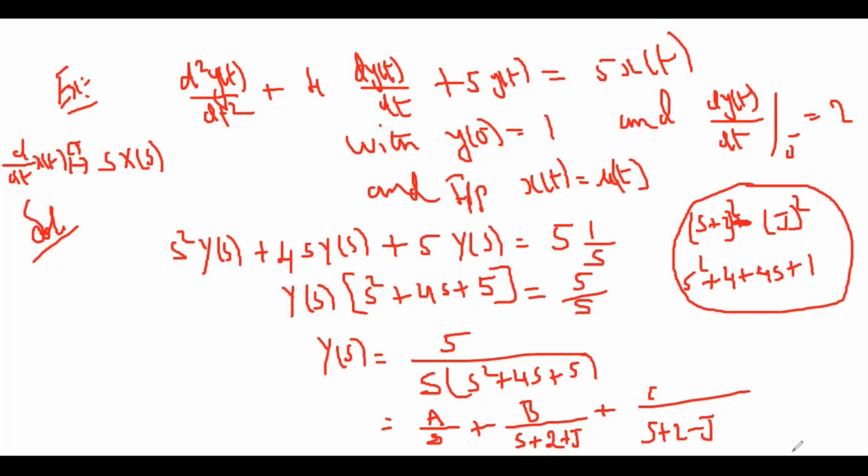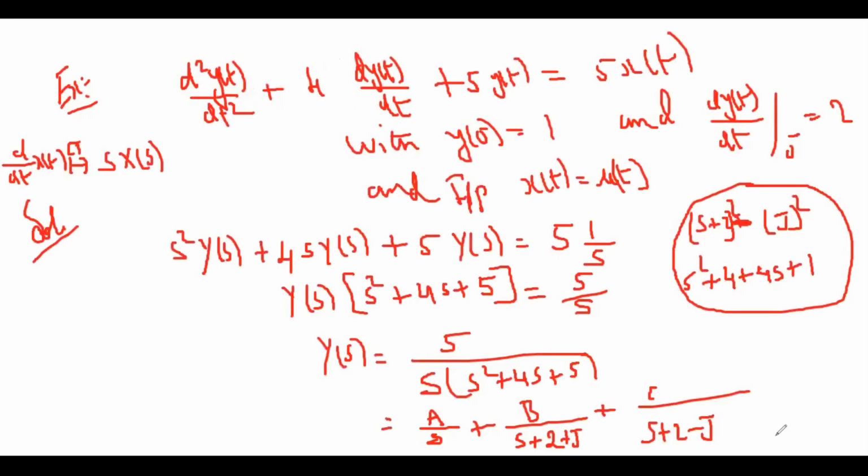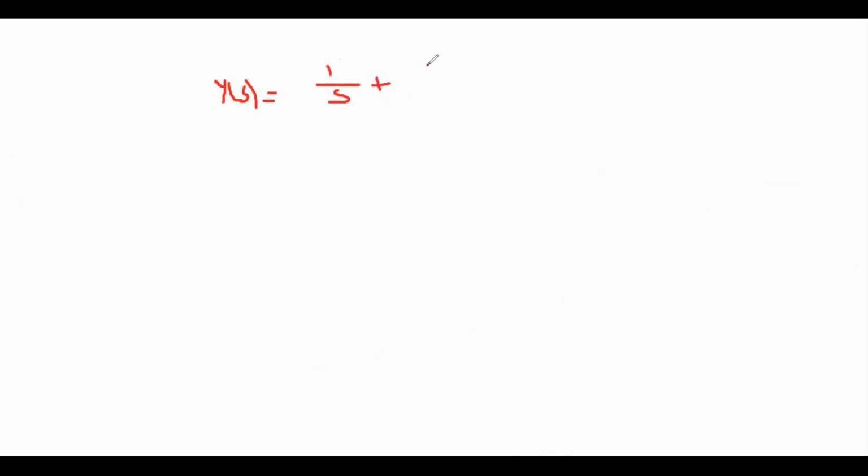After finding a, b and c, I am directly writing this equation. Y of s is equal to a is 1 by s, plus b is minus j by s plus 2 plus j, and c will get plus j by s plus 2 minus j.